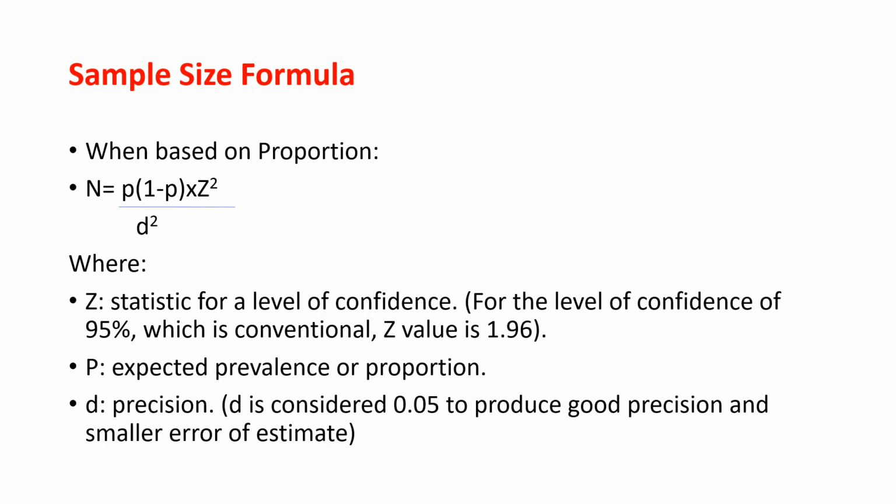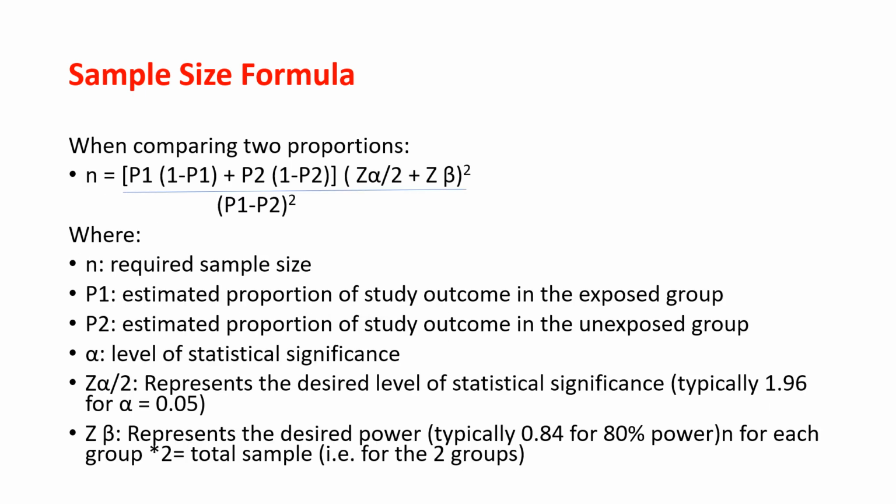And when we are comparing two proportions, then n is calculated as p1 into 1 minus p1 plus p2 into 1 minus p2, and this whole summation is multiplied by z alpha by 2 plus z beta, whole squared, divided by p1 minus p2, whole squared. Here n is the required sample size, p1 is the estimated proportion of study outcome in the exposed group, and p2 is the estimated proportion of study outcome in the unexposed group.